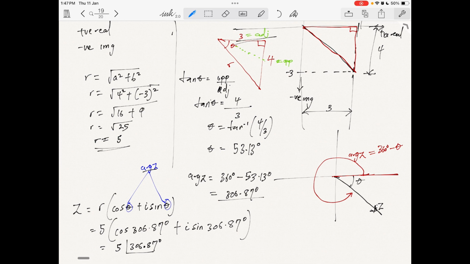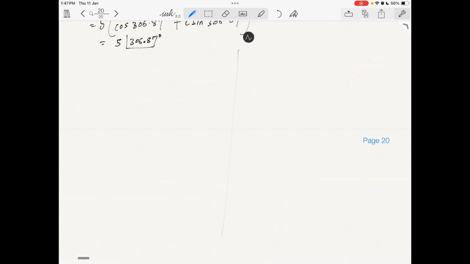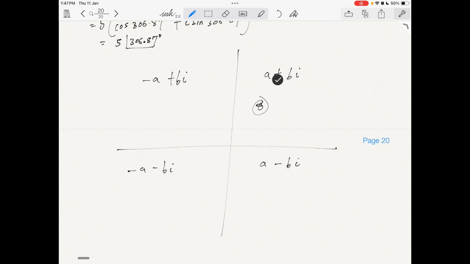So questions can come in any form. In this format, this can be a plus bi, minus a plus bi, minus a minus bi, or a minus bi. Here argument Z is equal to theta.